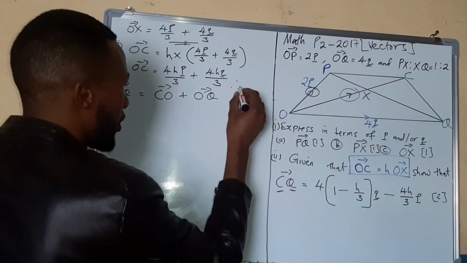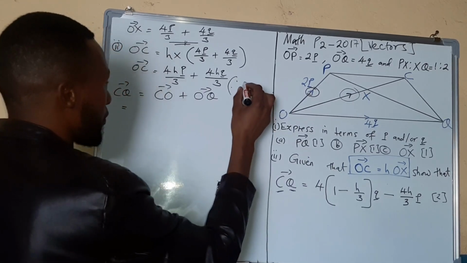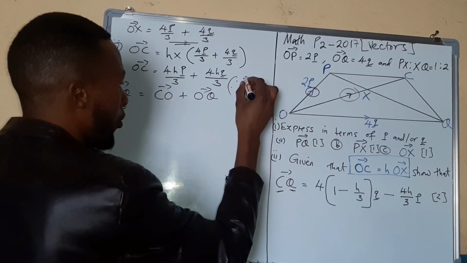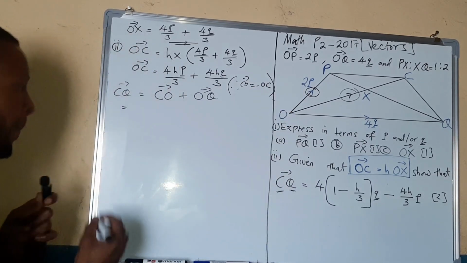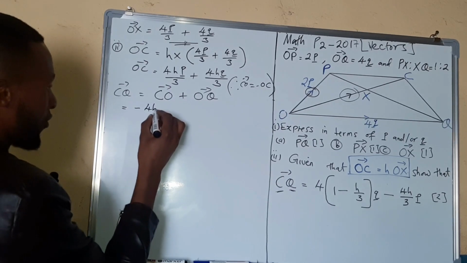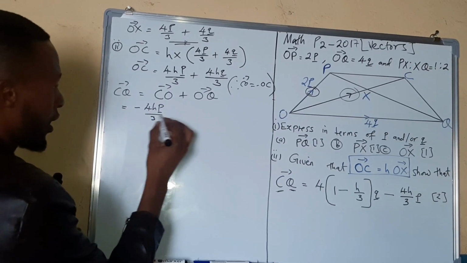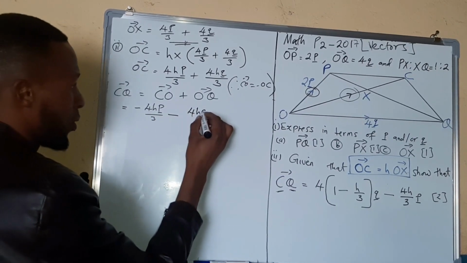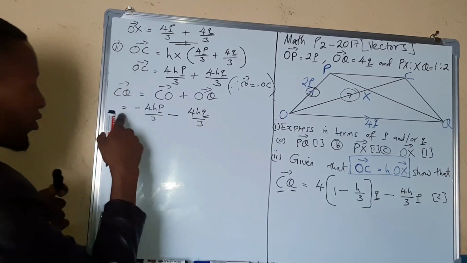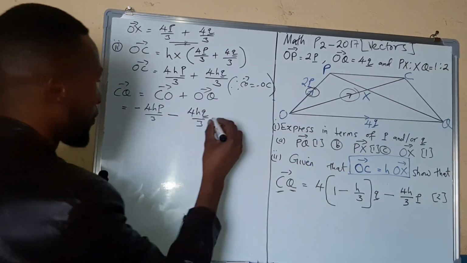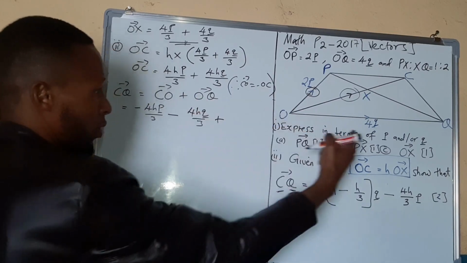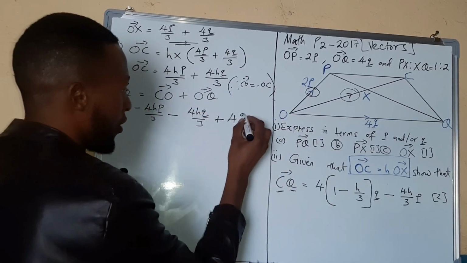Meaning CO will just be negative of OC. So we have negative 4HP over 3 minus 4HQ over 3. These negatives are coming in because we are going against the arrow. Then plus OQ, which is given as 4Q.